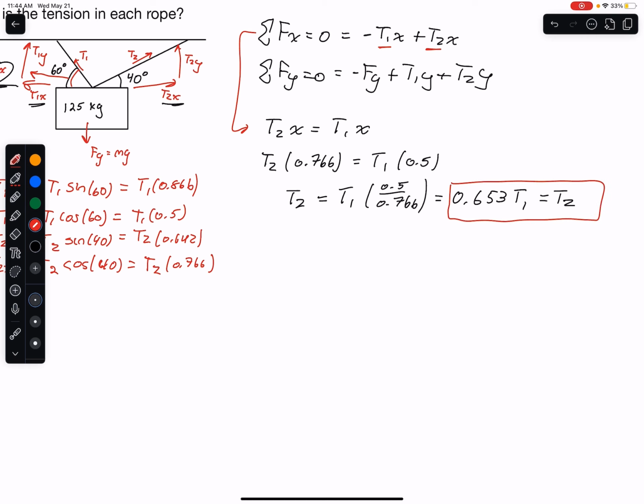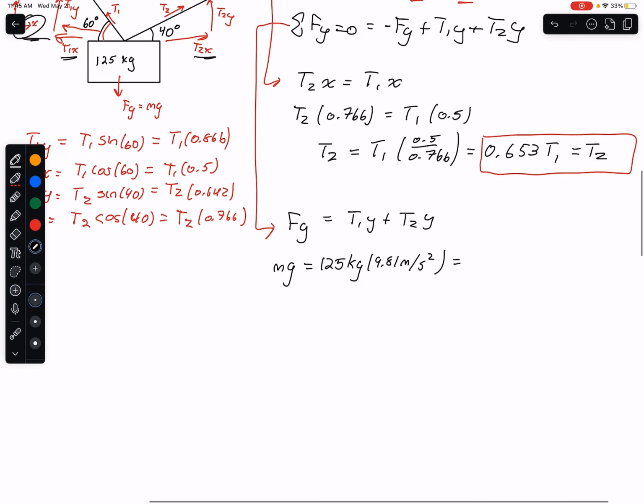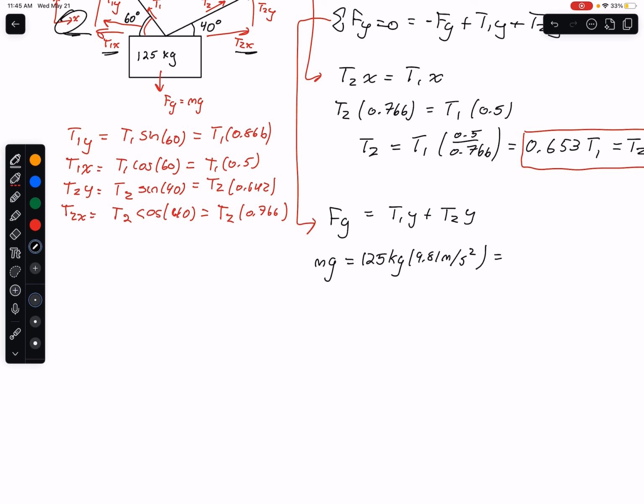The next thing I'm going to do is bring our y equation down. I'm going to move our force of gravity over to the outside of the equation to make it easier to read. And then we get t1y plus t2y in the vertical direction. Force of gravity is equal to mass times gravity, which is 125 kilograms times 9.81 meters per second squared, which is equal to our t1y and t2y.